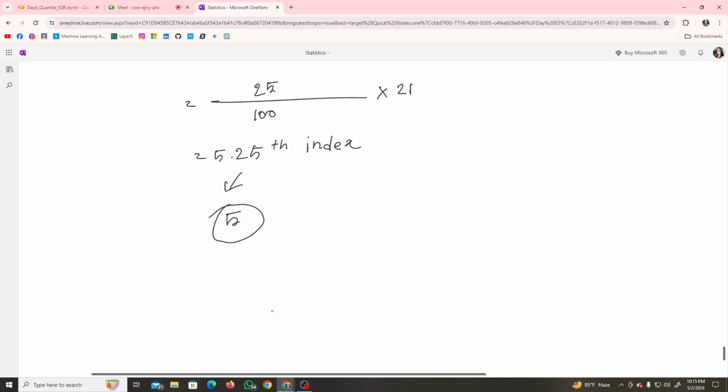So what does it mean? 25 percent of the values of the entire dataset are less than 5. 25% of the values of the entire dataset are below 5.